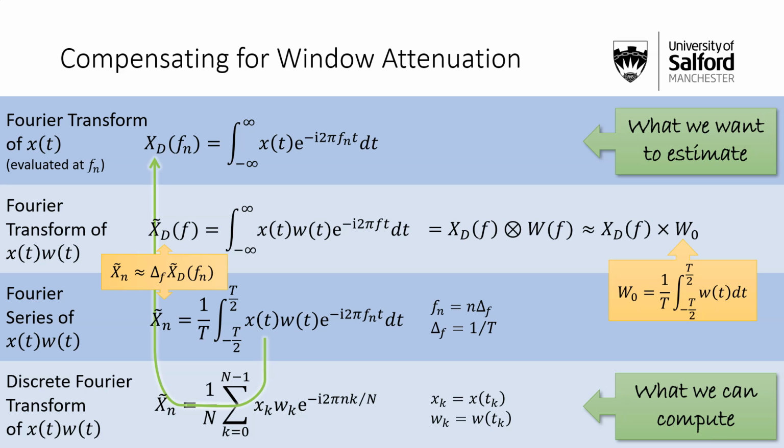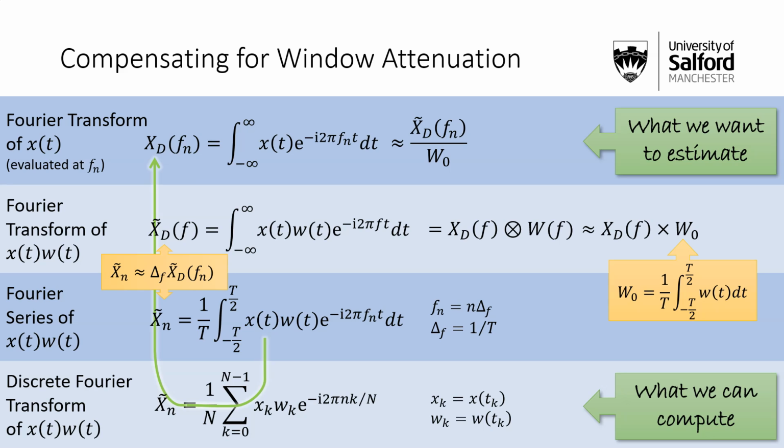We can go through these scalings, and what happens is that first of all you turn around the equation on the second row and say that X(f) is going to be X(f) with a little tilde, the windowed version, divided now by this W0 factor, the mean value of the window.